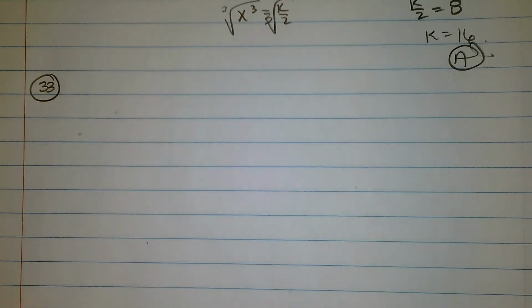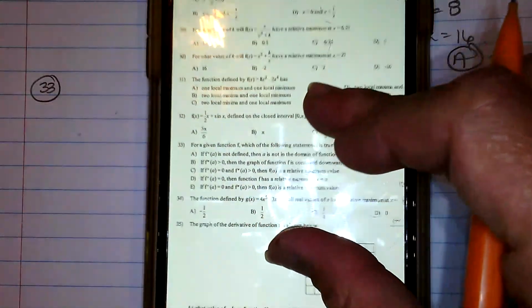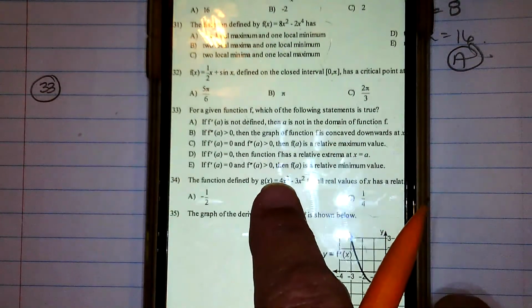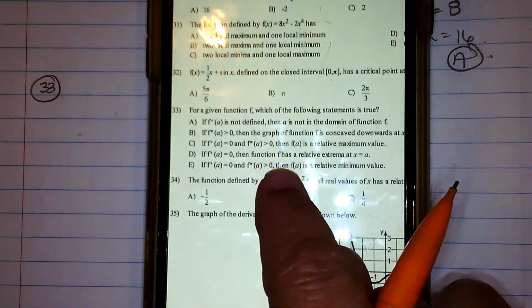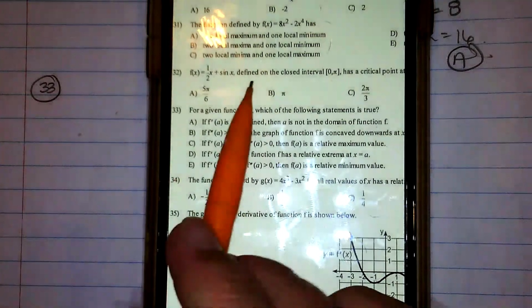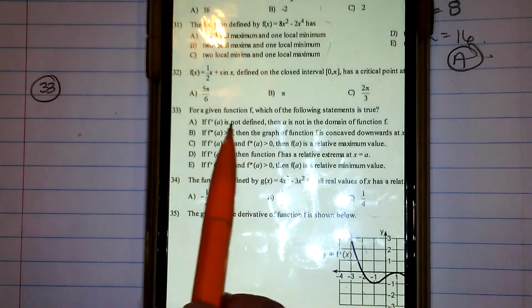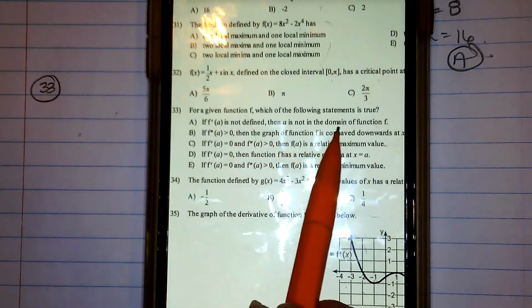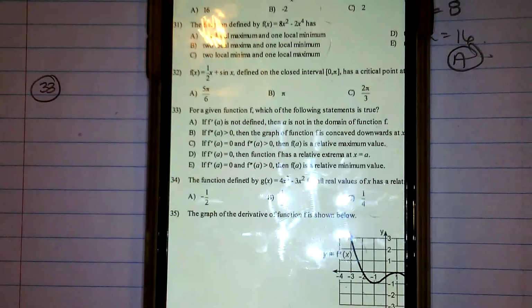33. For a given function f, which of the following statements is true? Which statement is true? Which means 4 of these are false. One of them is true. Okay, if f prime of a is not defined, if the slope is not defined, then a is not in the domain of function f.